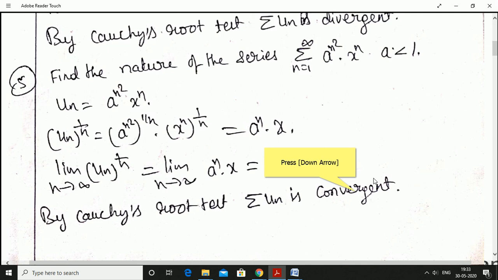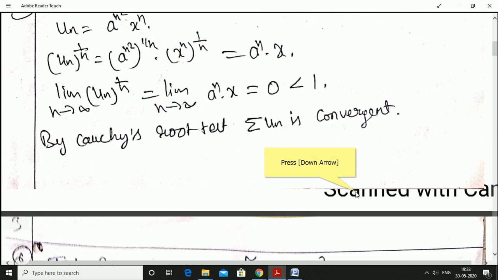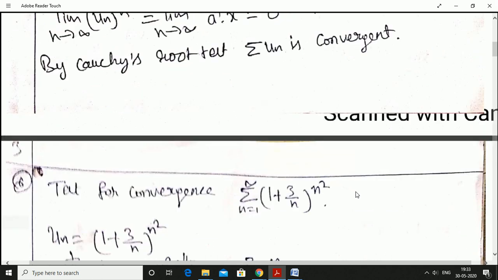Then 0 into x is 0, which is less than 1. By Cauchy's root test, sigma un is a convergent series. Next problem.